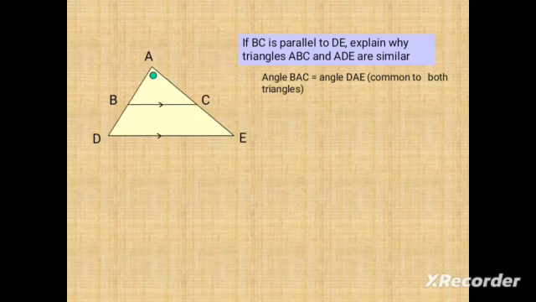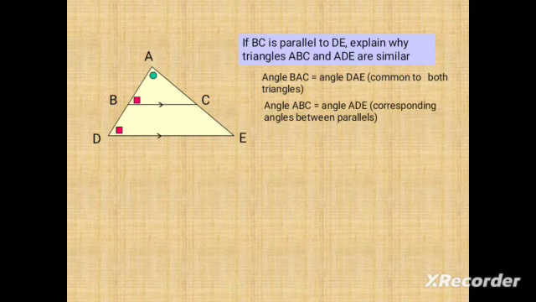So from that, based on comparing their corresponding angles, we can say that angle BAC is equal to angle DAE because that is the angle common to both triangles. Again, we have angle ABC equal to angle ADE because of the corresponding angles between the parallel lines.